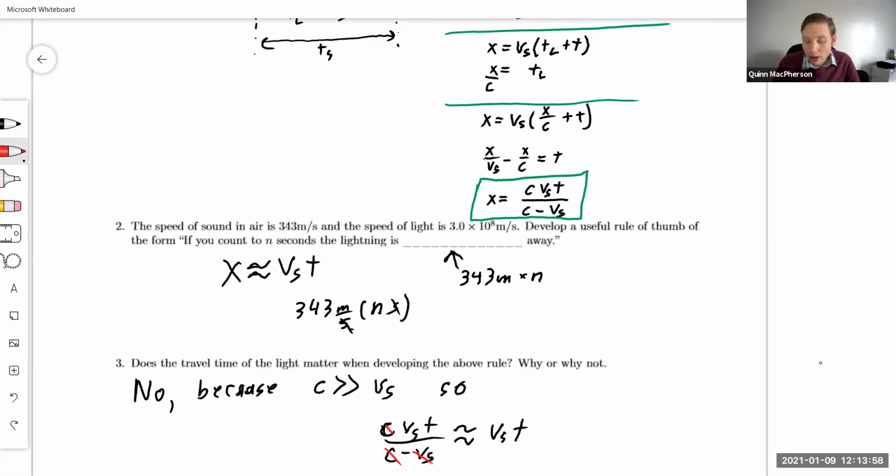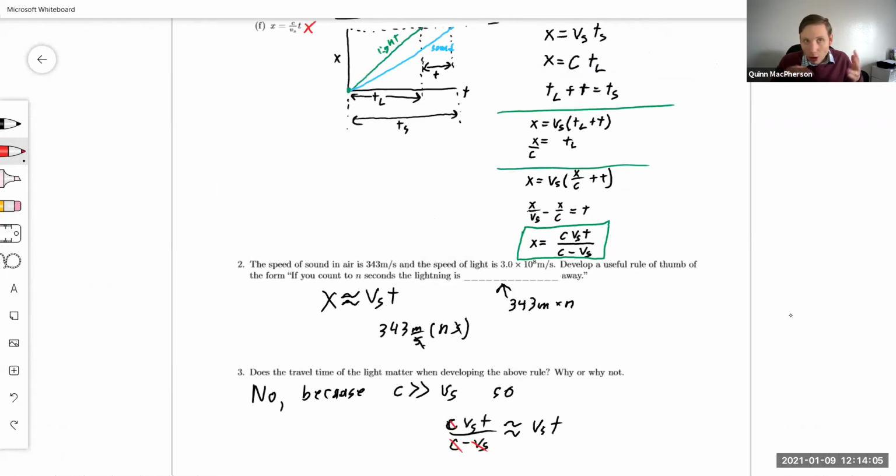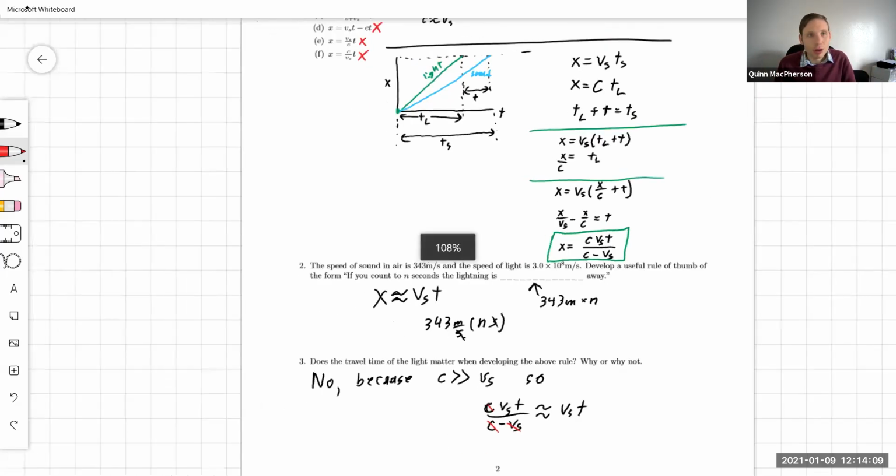Okay, that is how you do this problem. There are other ways of doing this problem, but this was one approach. Thank you for your time.